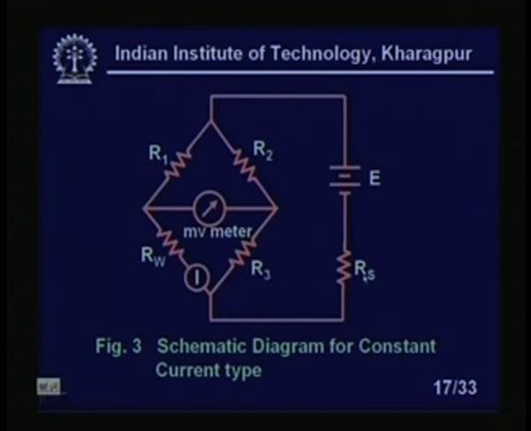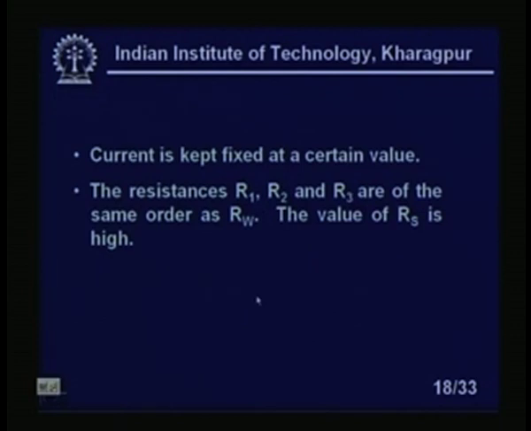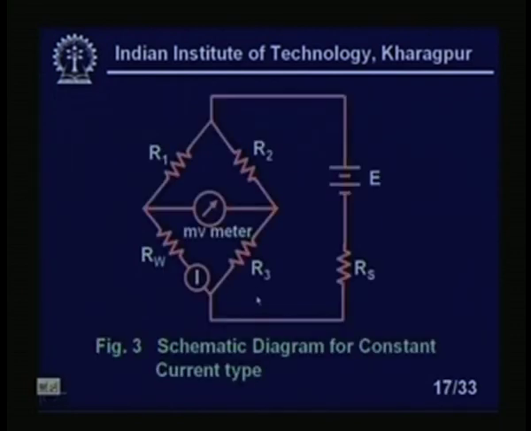Now, this resistance is so high compared to this resistance that due to the change of flow, even though the resistance will change, the change of current will be insignificant, right. So, current is kept fixed at a certain value that can be measured by the ammeter. With the ammeter we can see whether the current is remaining constant or not.